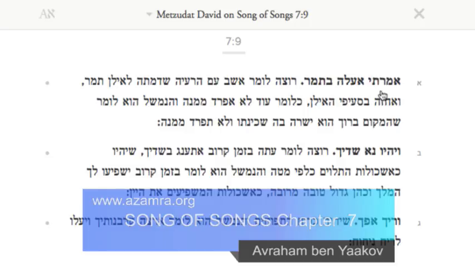And then verse 9 of chapter 7, Omarti e'ele b'tamar, I said I shall go up into the Tamar. And let us note in passing the exquisite subtlety of the imagery of yichud, of unification, implicit in these words in the text, his ascent to the tree, to connect with the tree, to take hold of the branches, and to delight in these clusters of fruit.